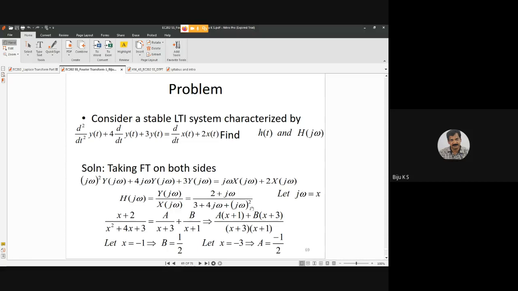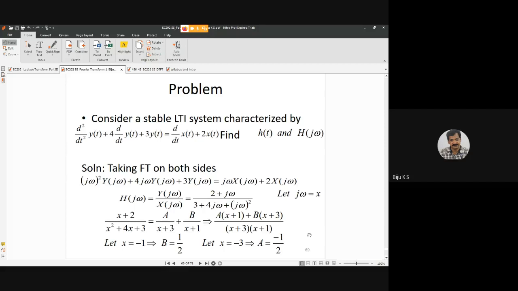This step is written like this because you have to find h(t) also. But in this fourth module, it is not material. We can calculate it by taking the inverse Fourier transform by applying partial fractions.